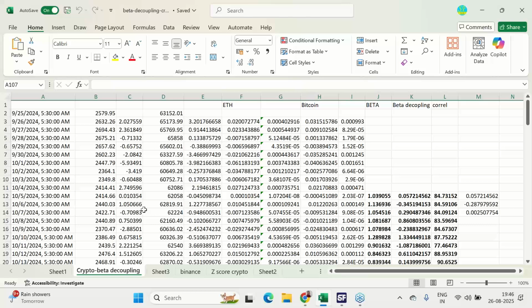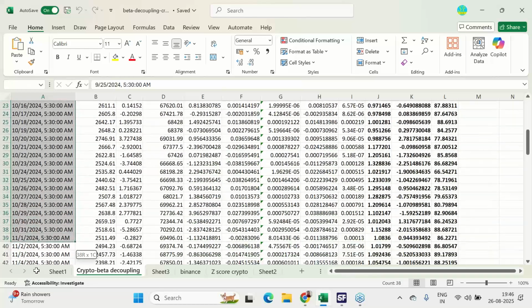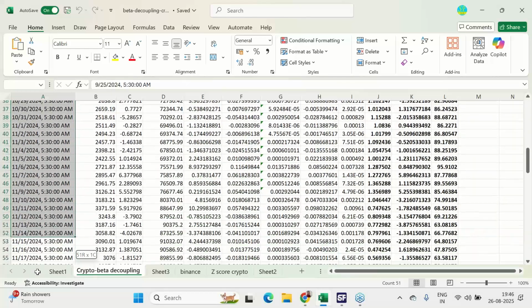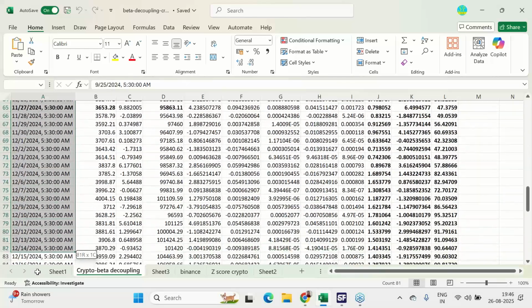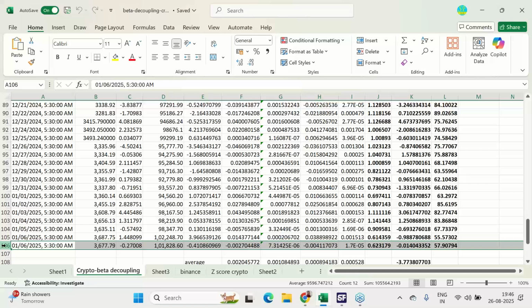Whenever you are going for Bitcoin and ETH on this particular beta decoupling, I conducted a program on 6th of January 2025, 6th and 7th of January.